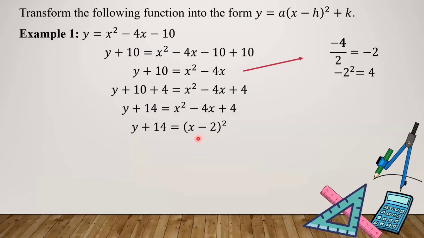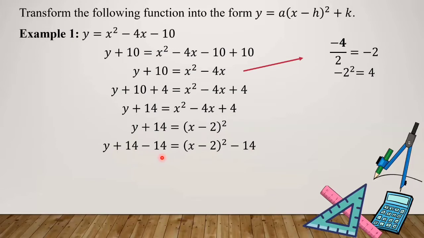The next step is to interchange the positive 14. So we minus 14 both sides, which is y plus 14 minus 14 is equal to x minus 2 squared minus 14. 14 minus 14 is equal to 0.